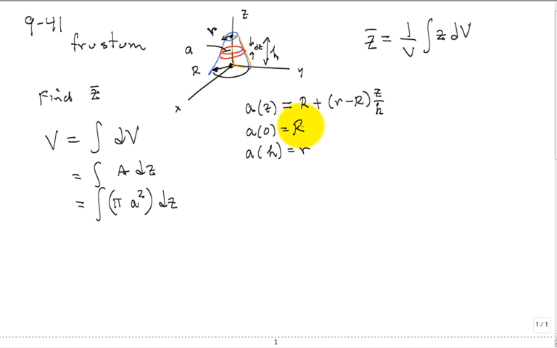There's a number of ways you can get that equation. Is that a good equation? Does this equation work? Does it check for here and check for there? It's just a straight line, right?